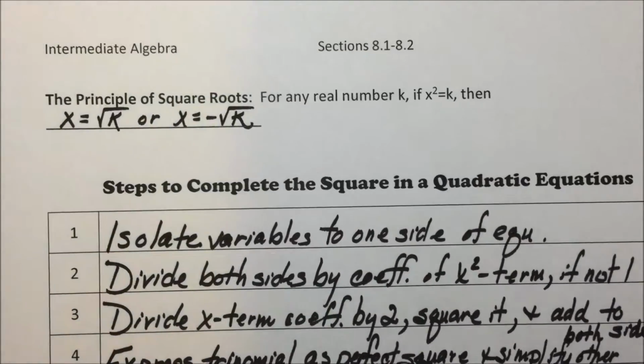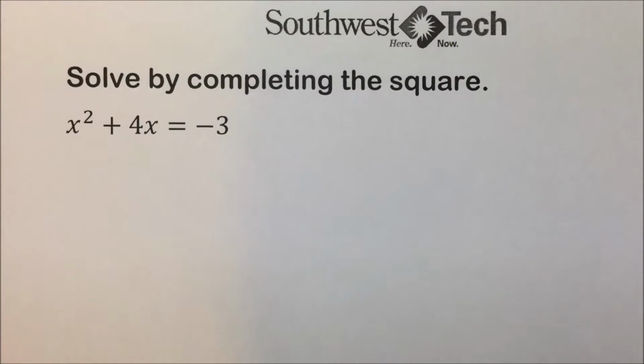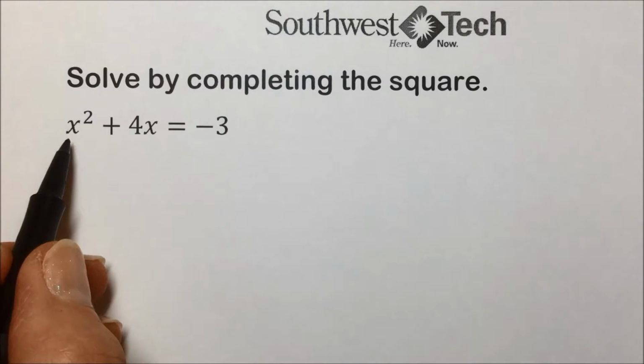Let's see what these steps mean in practice. They're asking us to solve by completing the square. So the first step is to isolate the variables to one side. Well, it's already done. Next is to divide both sides by the coefficient of the x squared term if it's not 1.